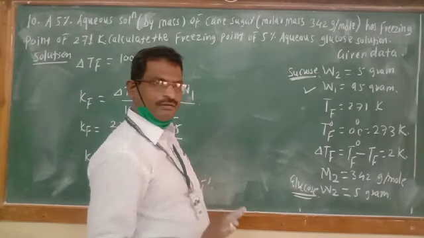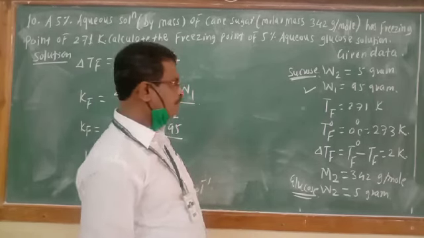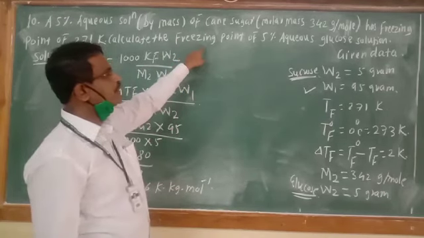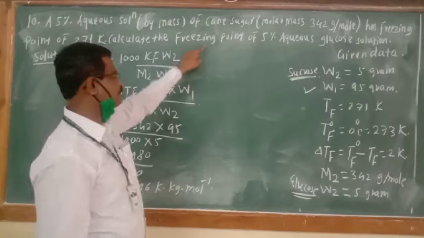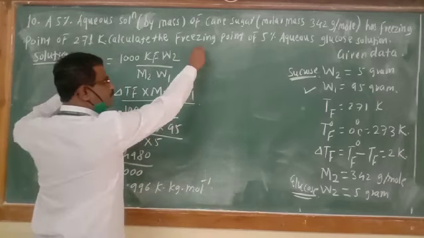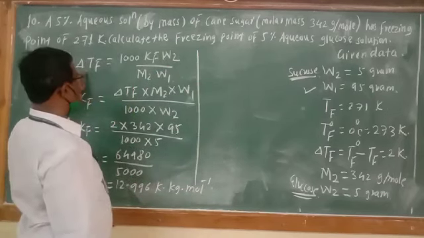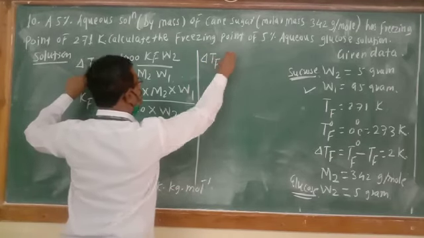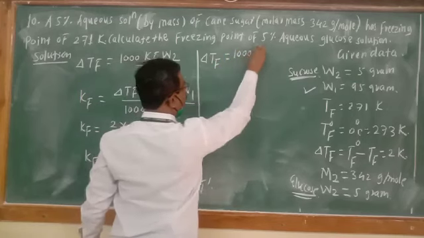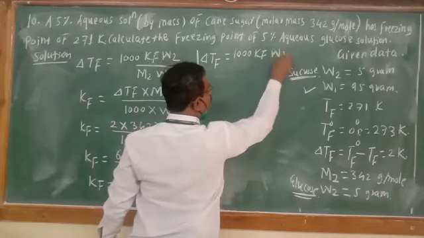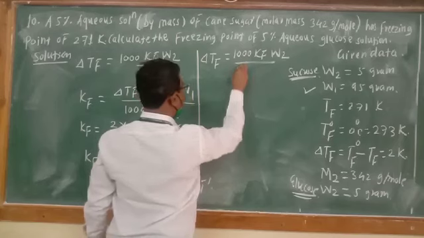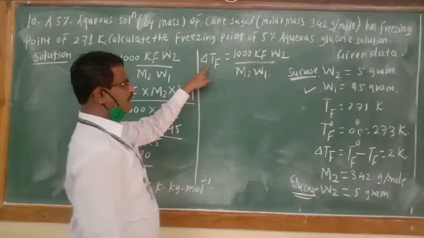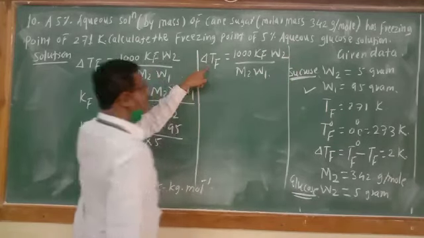We know the molar depression constant, and now we have to calculate the freezing point of the 5% aqueous solution. So again we have to use this equation. What is this equation over here? Delta Tf is equal to 1000 Kf W2 divided by m2 W1. Now over here, what is delta Tf?